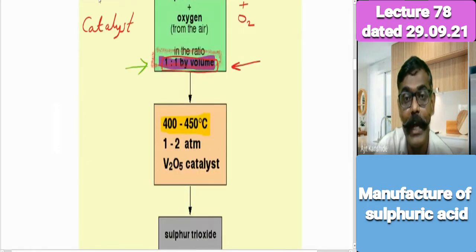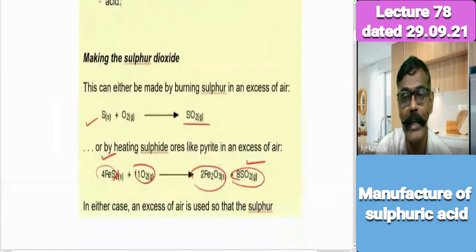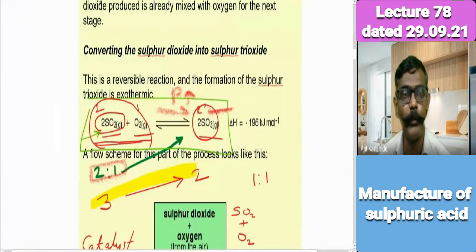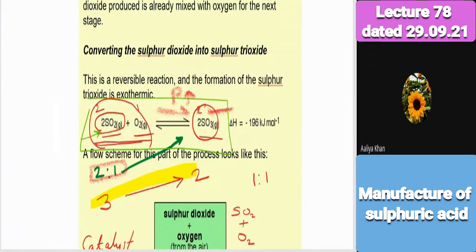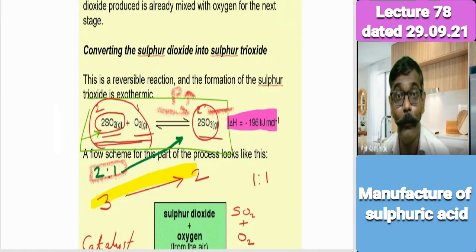If we see the reaction of sulfur dioxide to obtain SO3, is that reaction exothermic or endothermic? Exothermic, exactly. See here, delta H is equal to minus 196 kilojoule per mole. The minus sign of delta H means heat is evolved. It is an exothermic reaction.